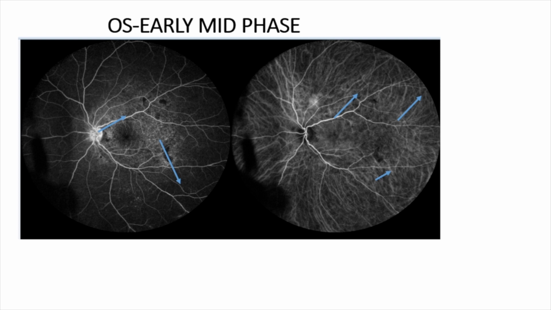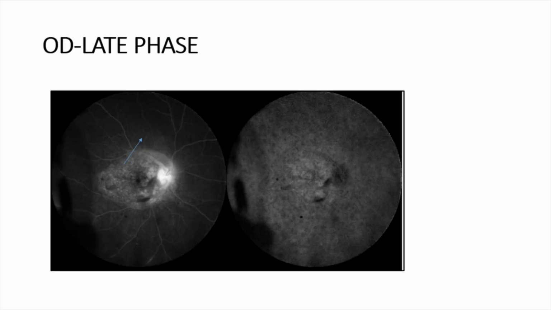In the left eye, early mid phase, we can see disc leakage, and there is a mixture of increasing hyperfluorescent and hypofluorescent spots. And in the left eye, we see increasing choroidal hyperfluorescence and HDD spots, and there are fuzzy choroidal vessels.